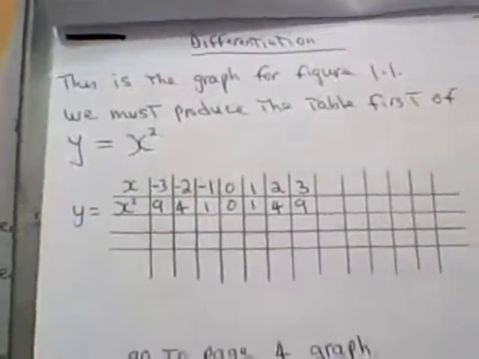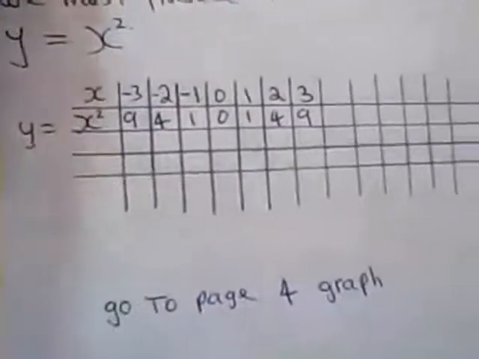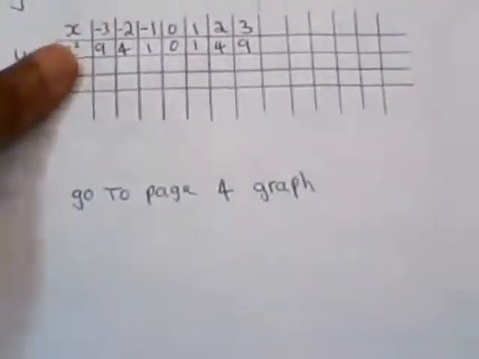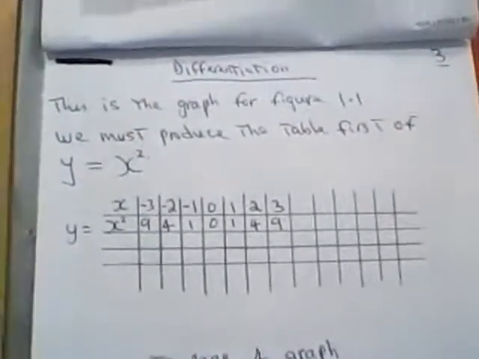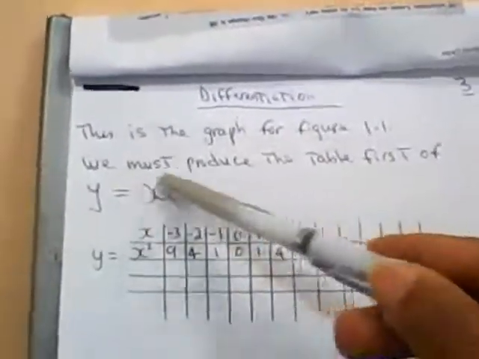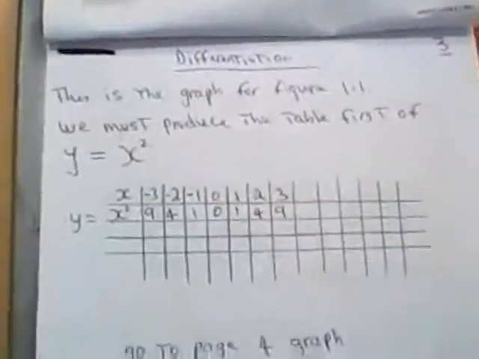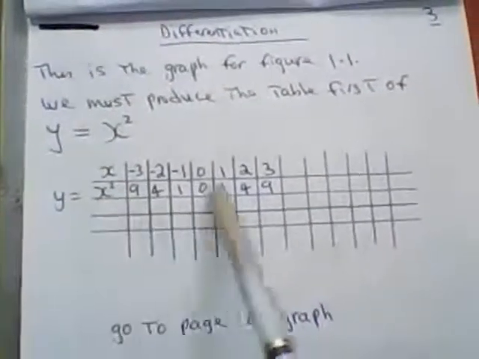Again, I produce a table. This is the graph for figure 1.1. We must produce the table first of y equals x squared, and this is what I've done here.